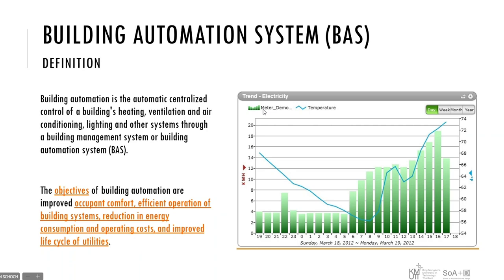And also the reduction of energy, optimization of energy usage, is an important part of building automation and building control, to ensure that things don't get out of hand, and these individual systems don't run at full capacity when it's not needed. And by that also improved life cycle costs, or life cycle of utilities and life cycle control of these utilities that are being installed.